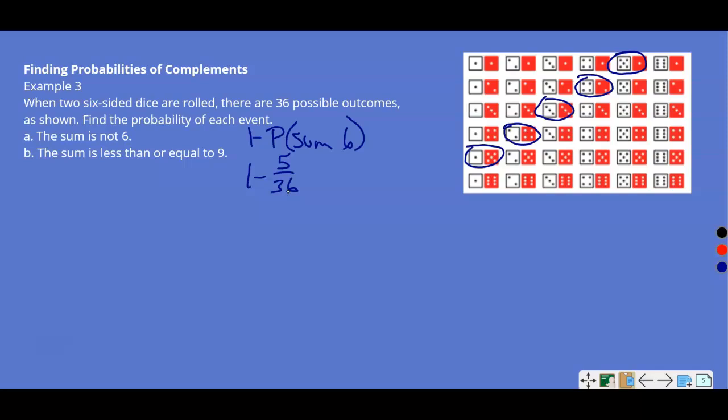A common denominator would be 36 over 36, that's just 1, minus 5 over 36 equals 31 over 36. So the probability that the sum is not 6 is 31 over 36.